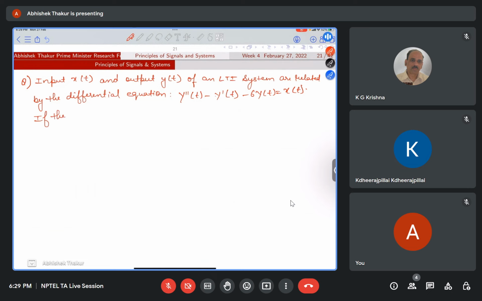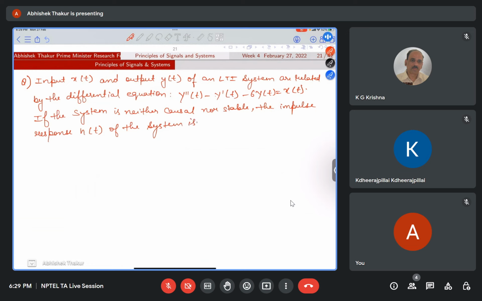If the system is neither causal nor stable, the impulse response h(t) of the system is.